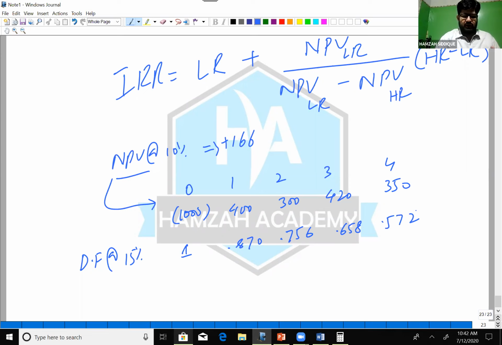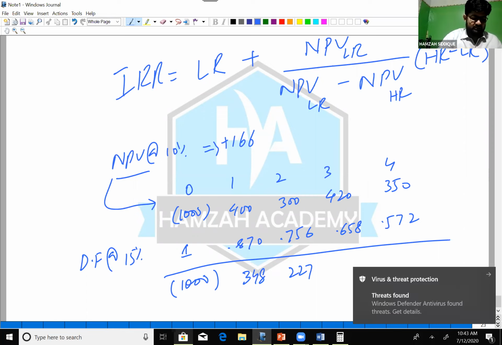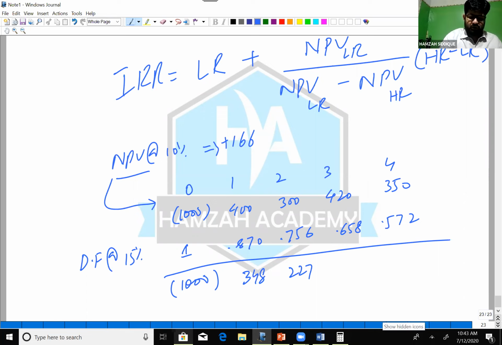Now we will apply these discount factors and calculate another present value. 1000 negative. 400 times 0.870 is 348. 300 times 0.756 is 227. 420 times 0.756.